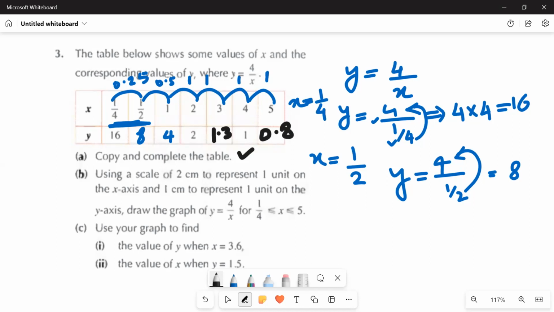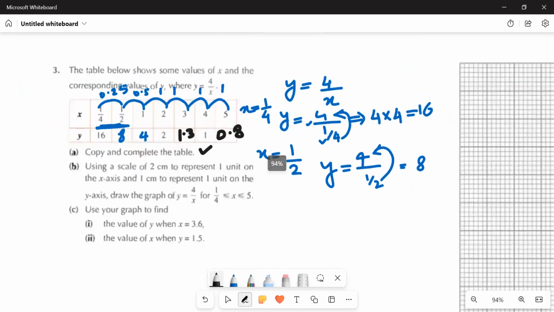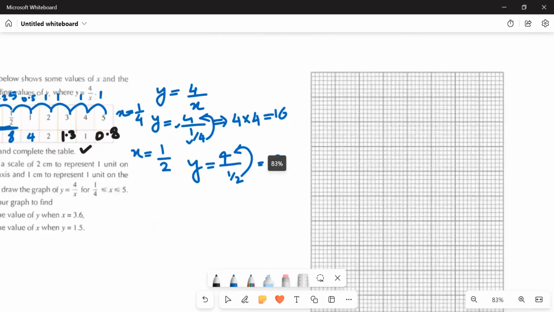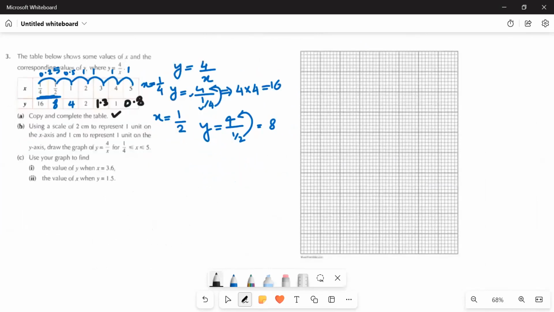Now use a scale of 2 centimeter to represent 1 unit on the x-axis, and 1 centimeter to represent 1 unit on the y-axis. So it means along the x-axis, the function is from 1 by 4 to x.